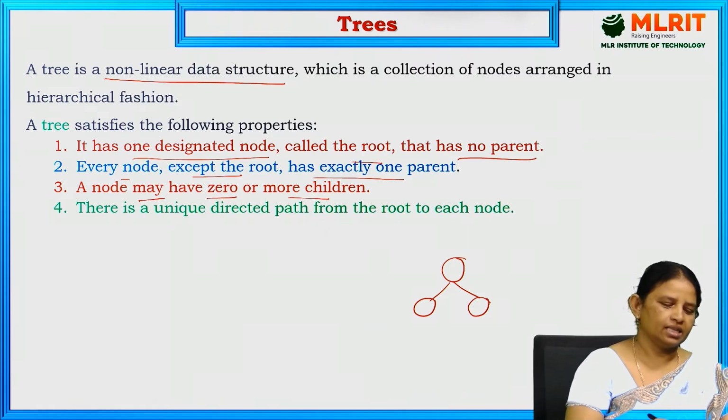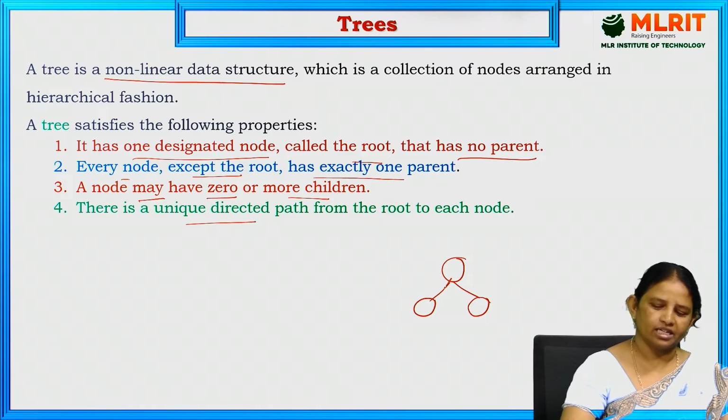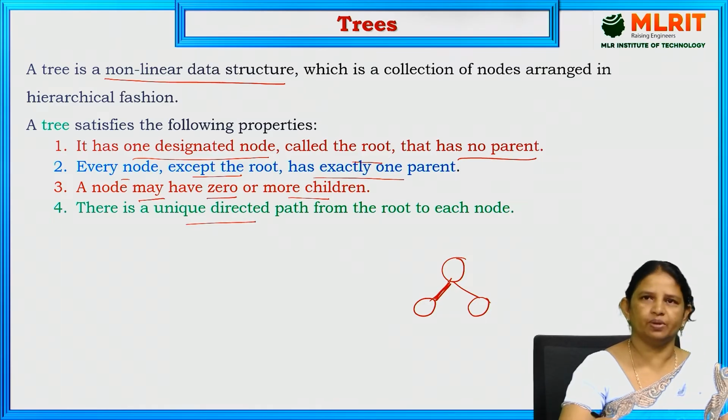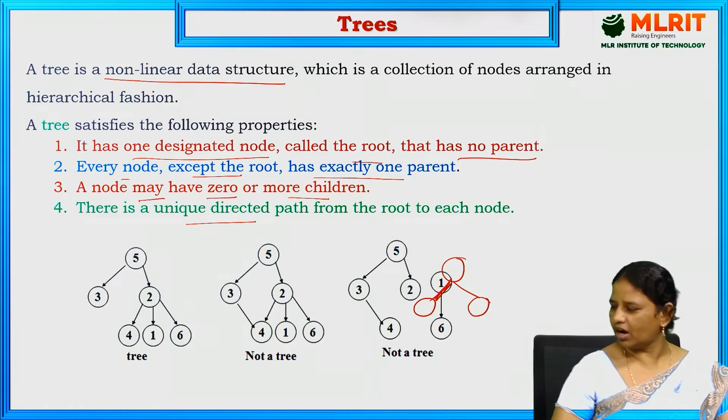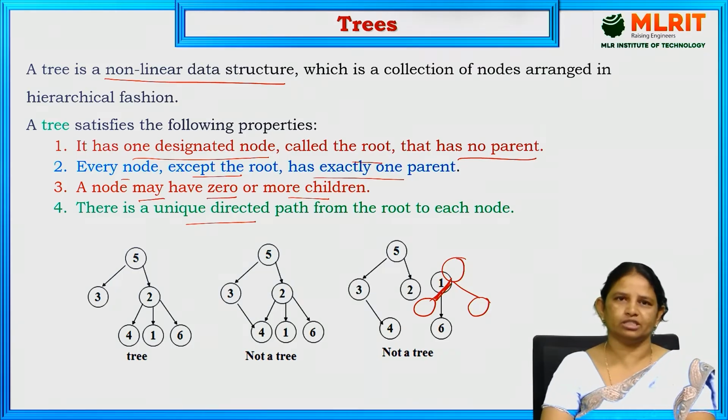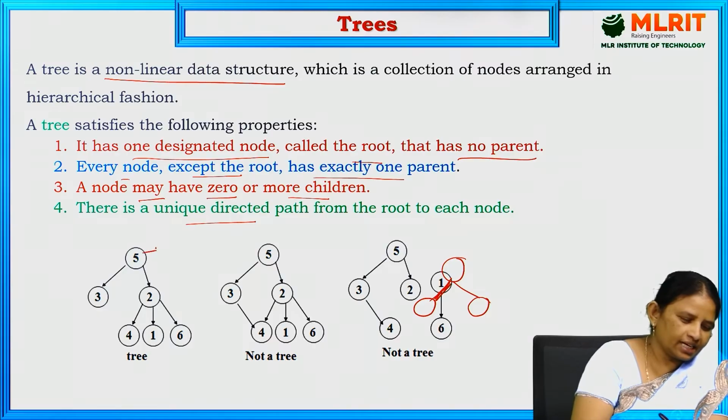Next, there is a unique directed path. A path should be present from the parent to the child. Consider this example: is it a tree or not? There is one designated parent, called the root.